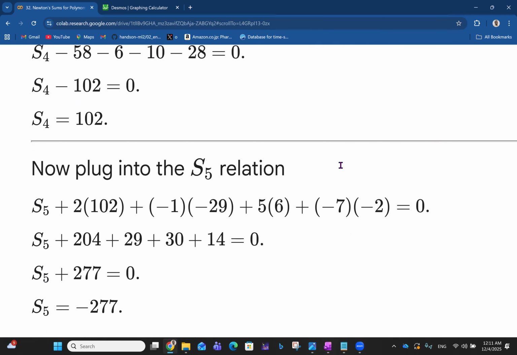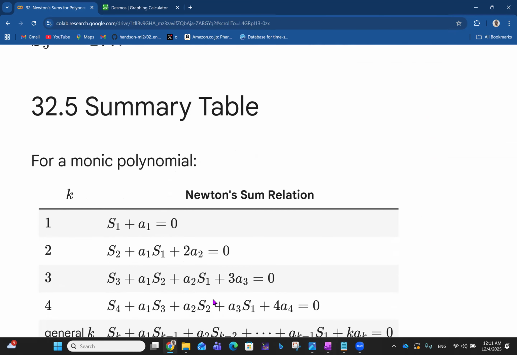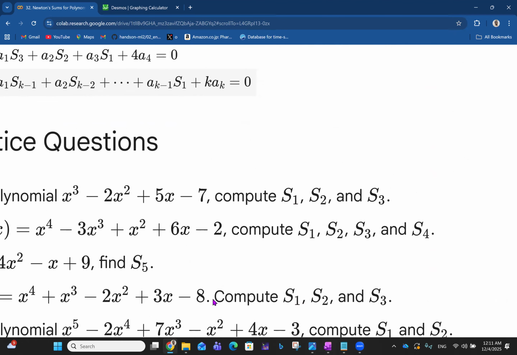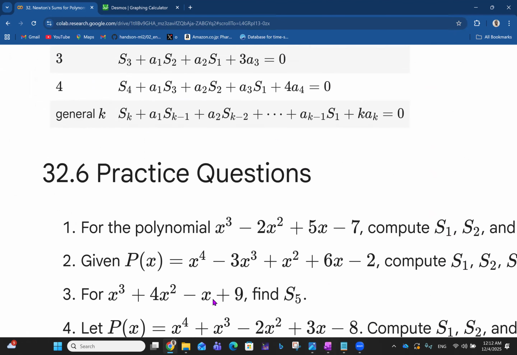Like that, we can still do that. But if you do that here, S5 is going to give us minus 277. Of course, when I get to the practice questions, I'm going to look for a case like that and see how we can even go beyond what is necessary.